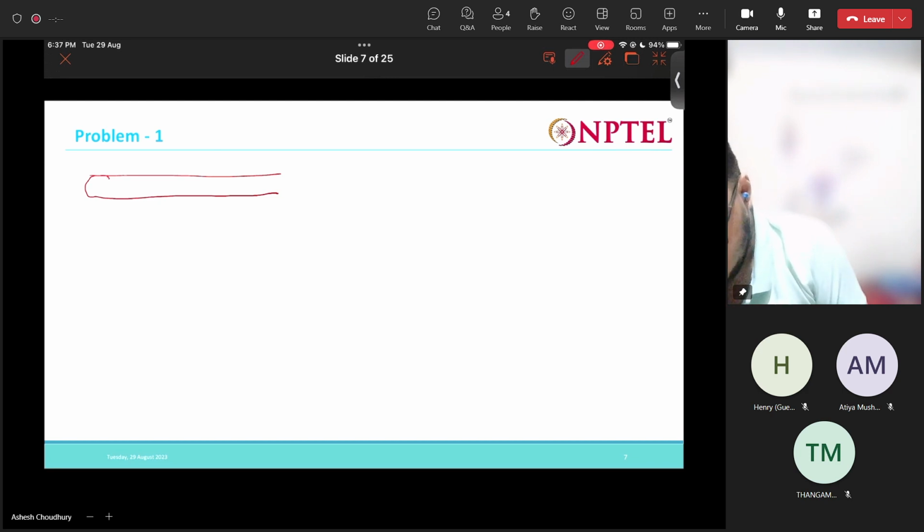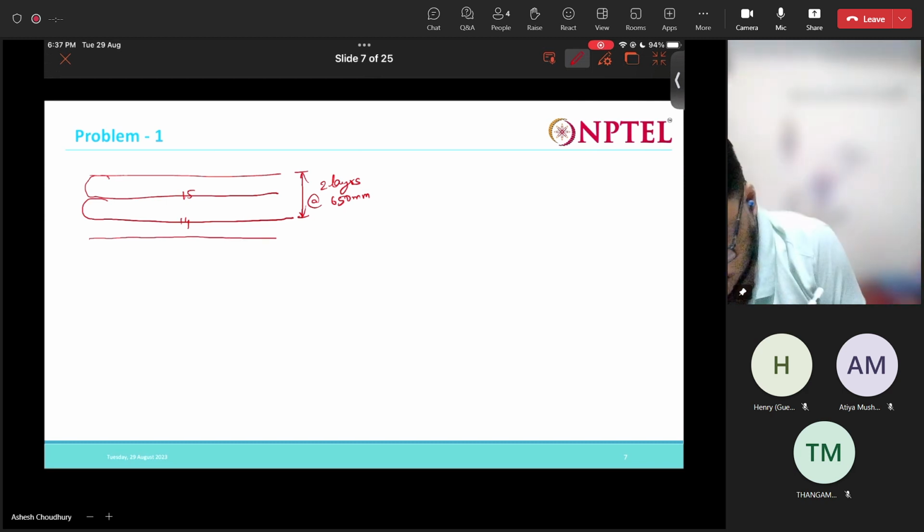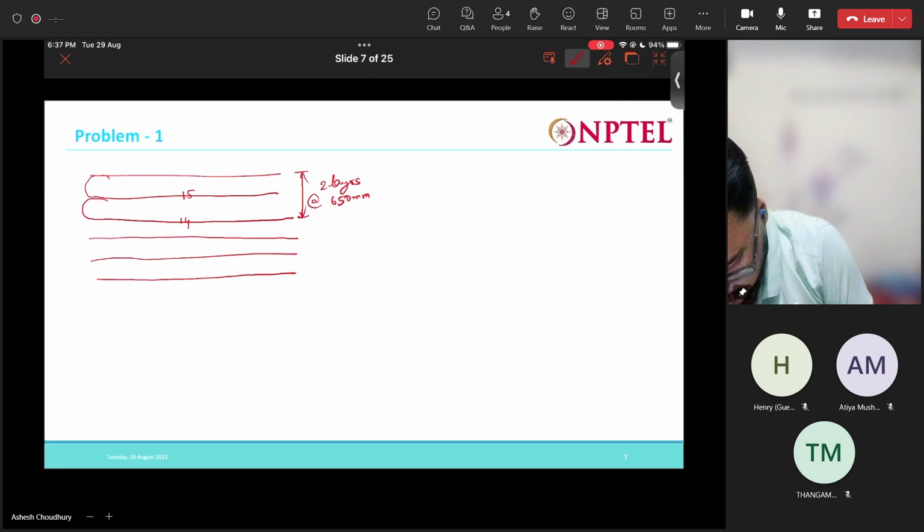So 1, 2. So this is the 15th layer, this is the 14th layer. So these are two layers at 650 mm spacing. Then after that we have four layers at 500 mm spacing. Right, so it will be a little bit less than that. 1, 2, 3, 4.